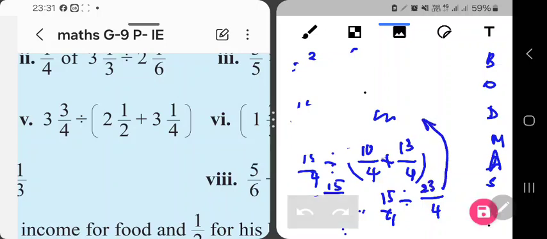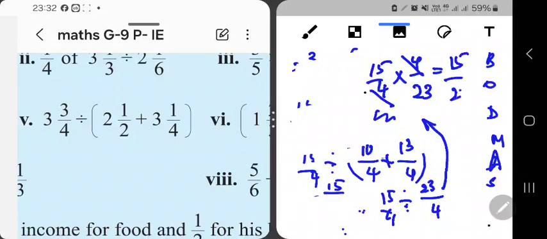Then 15 over 4, then this division becomes multiplication, and then we make it a reciprocal like this. Then we can cancel, and the answer is 15 over 23.